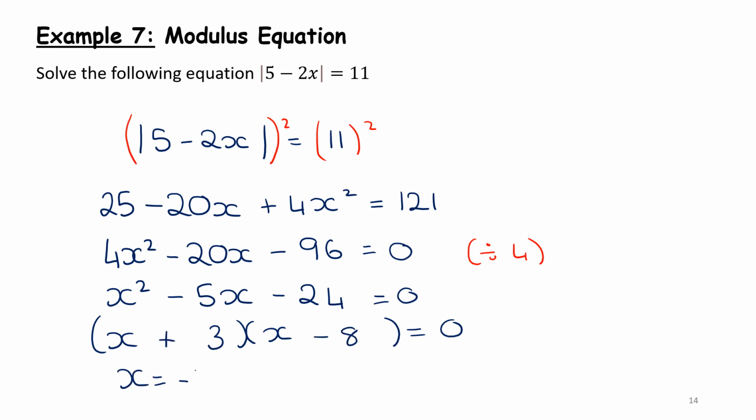So my answers are x could have been minus 3 and x could have been 8. If you go back to our original question, when we sub in minus 3, we will have made it positive. When we sub in x is equal to 8, we'll get 5 minus 16, so it would have been a minus 11, which was then changed to a positive 11.